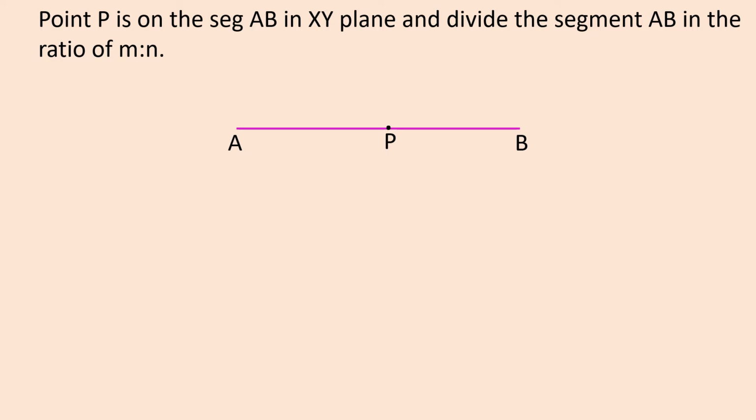We don't know their lengths, but when point P is taken on segment AB, it divides it into segments AP and PB in the ratio of m is to n. That means AP upon PB equals m upon n, which is m is to n.